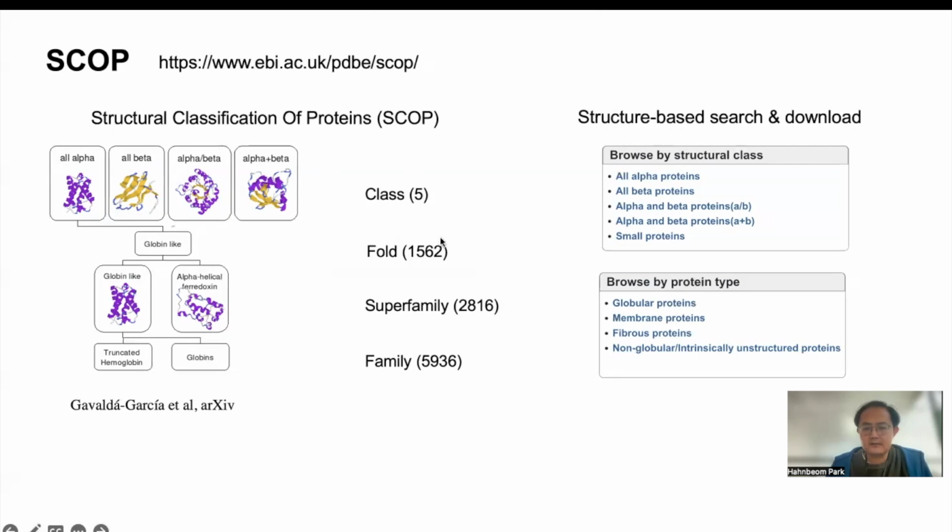This is followed by fold level, superfamily level, and family level. Here, the fold almost corresponds to the topology level in CATH, by the way. You can also access this website to search the protein SCOP classification or download whole protein structures that belong to a specific class, fold, or superfamily.